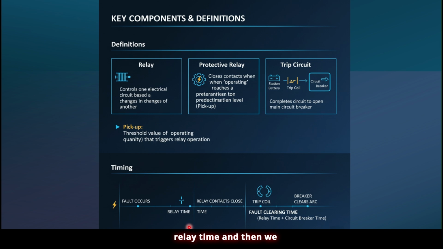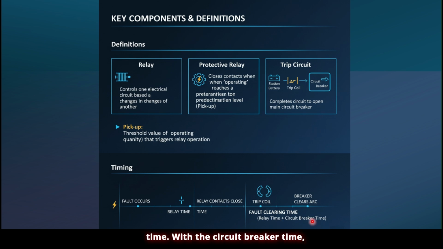And then we have the time that starts from the signal of the relay until the circuit breaker interacts with the system. This time here is called circuit breaker time, and then we have the entire operation called fault clearance time.